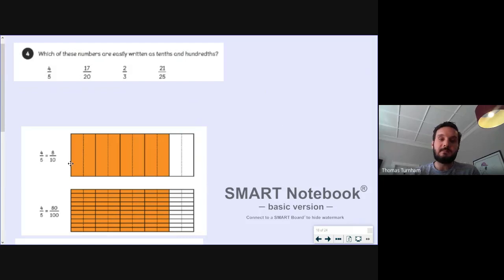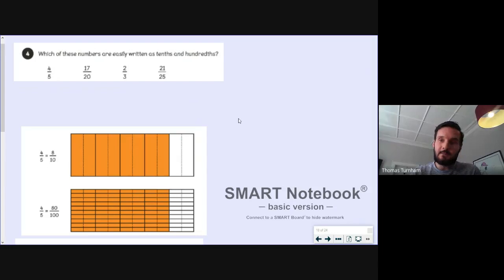Four-fifths could easily be turned into 8/10 by doubling 4 and doubling 5. So my 4/5, there's 1/5 there, those 2 pieces, 2/5, 3/5, 4/5, 5/5. Well, if I split each of those fifths, I get tenths. I've now got 1, 2, 3, 4, 5, 6, 7, 8 tenths. So that 4/5 could easily be turned into a tenth.